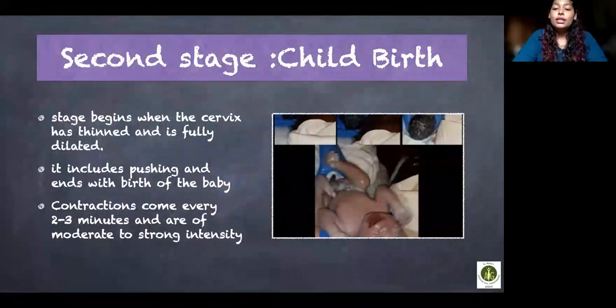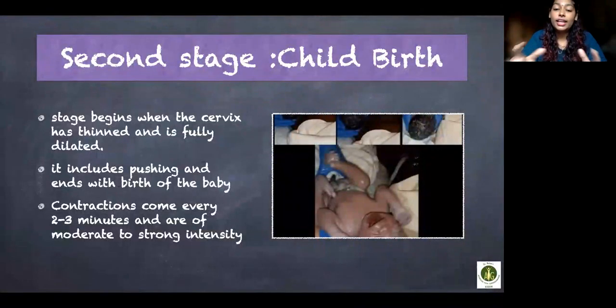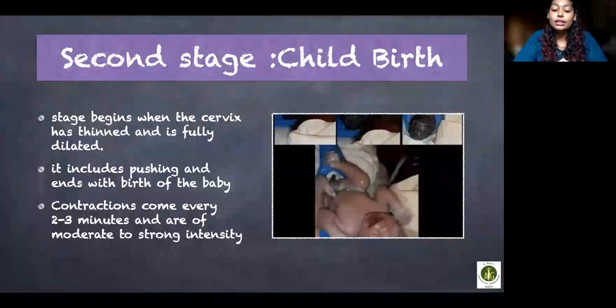The second stage of labor is childbirth. In this, there is full dilatation of the cervix, which is usually 10 centimeters. Then the stage begins where there is thinning of the cervix, and after that the baby is pushed out.